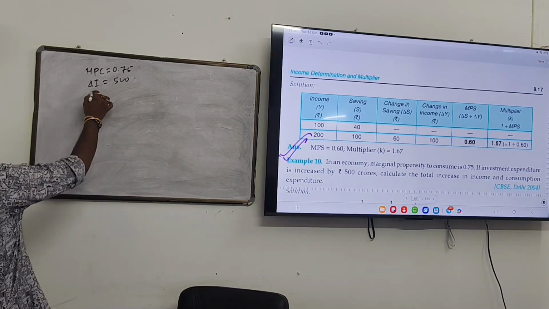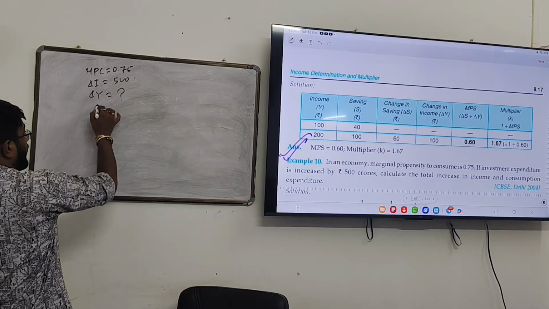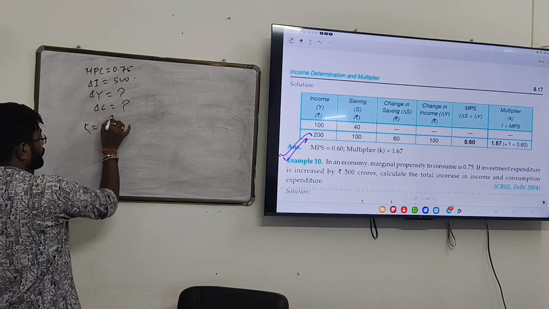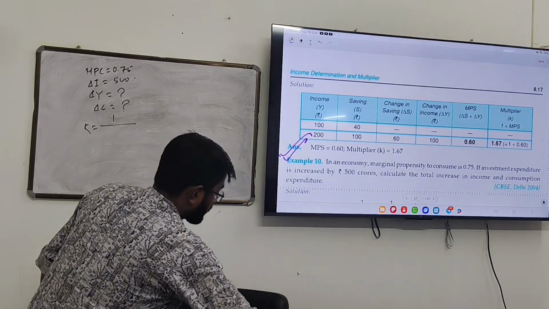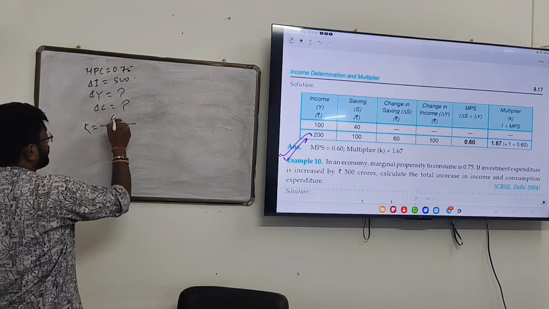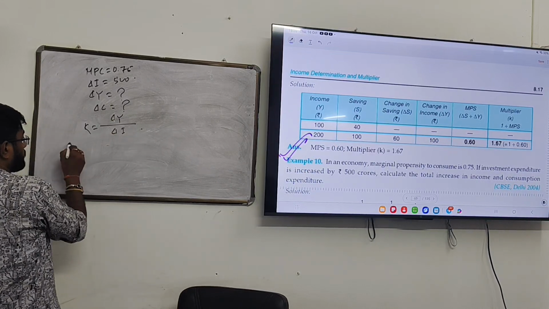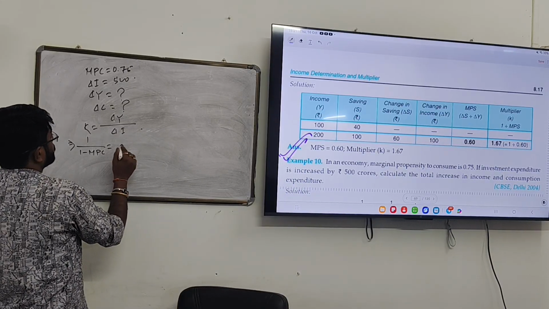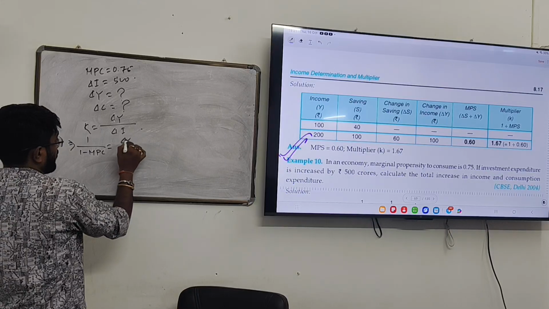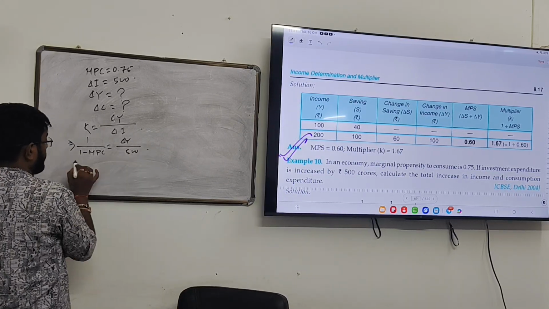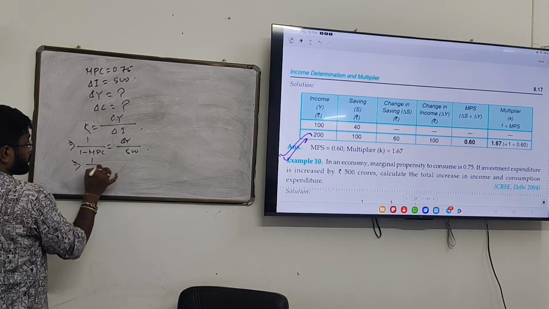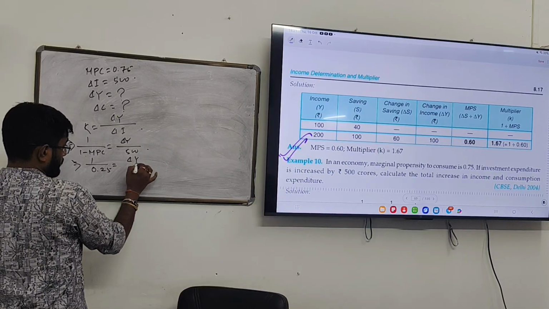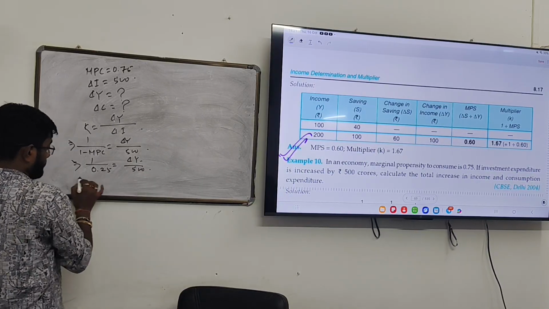Calculate the increase in income, that is delta Y, and the increase in consumption, that is delta C. Now k is equal to delta Y by delta I, 1 by 1 minus MPC is equal to delta Y by 500. Now 1 by 1 minus 0.75, that is 0.25, equals delta Y by 500.